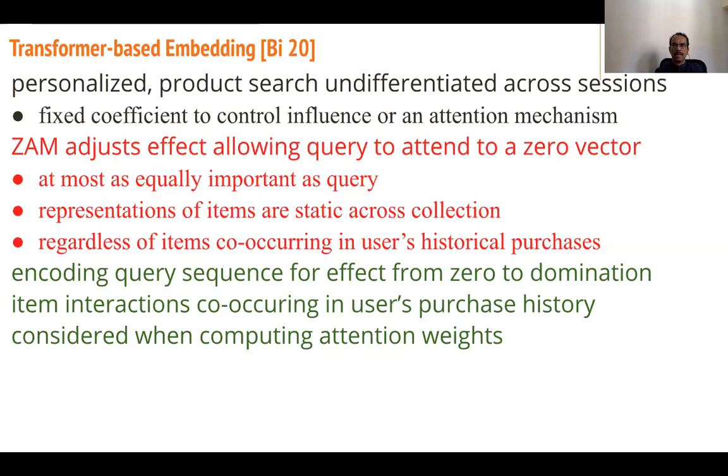Representations of items are static across collections, regardless of items co-occurring in user historical purchases. But the transformer embedding model, in contrast, can learn to balance the influence of personalization for each query automatically, without limits on the personalization degree. Specifically, the query weight can be as small as 0 when personalization is dominant, and as large as 1 when personalization is not needed.